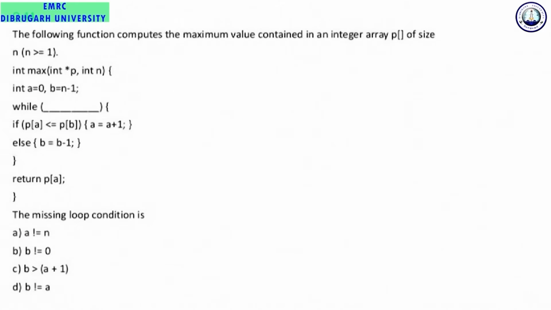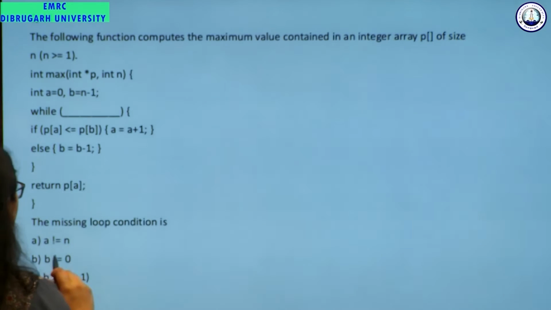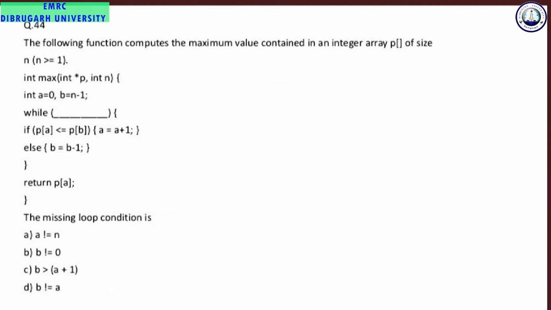Coming to the next question, it is question number 44 as per my set which I had referred to. You can see that we have to find the maximum value, and while finding this maximum value, what condition we need to place for the while at this position so that the maximum value is generated. Here four conditions are given to us.